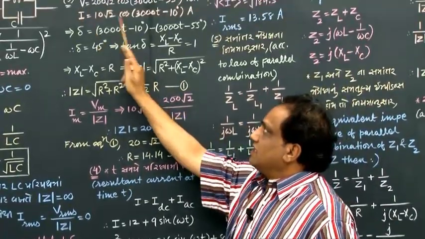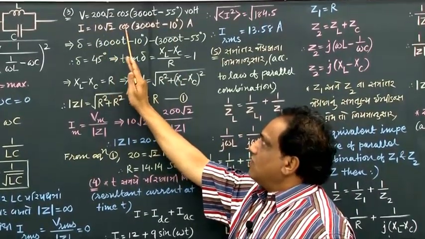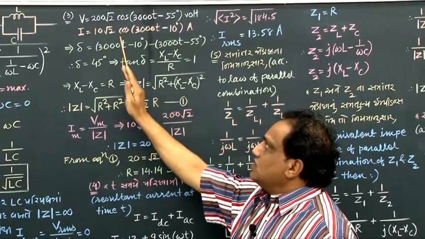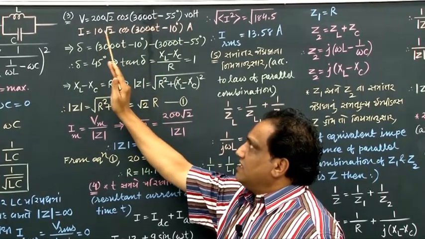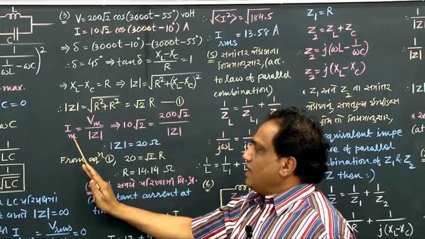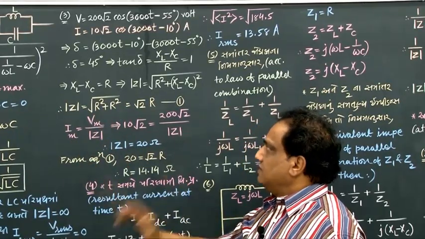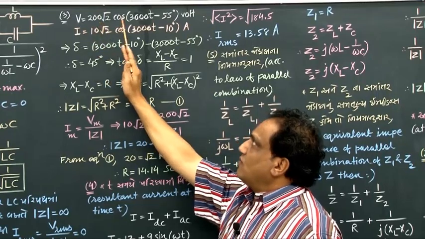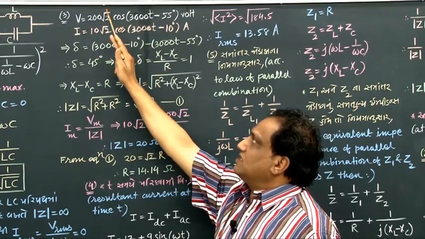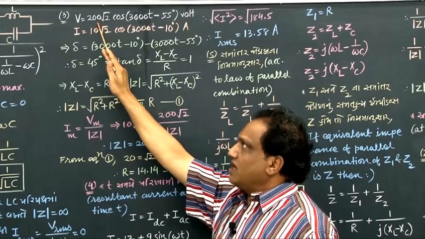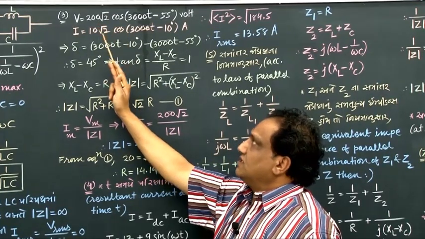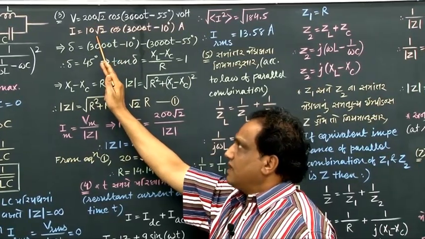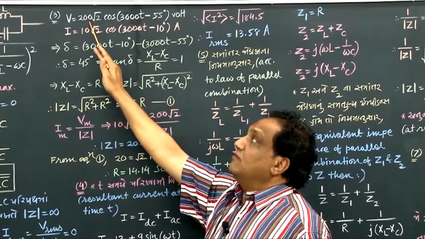Fine. What is the Im value? See, you can read this equation this way: I equals Im cos of omega t minus delta. So this is Im. Maximum value of current is right now 10 into root 2 ampere. What about similarly the maximum value of voltage? V equals Vm cos of omega t minus delta. The coefficient of this cosine function gives you the maximum current here, and the coefficient here gives you the maximum voltage.